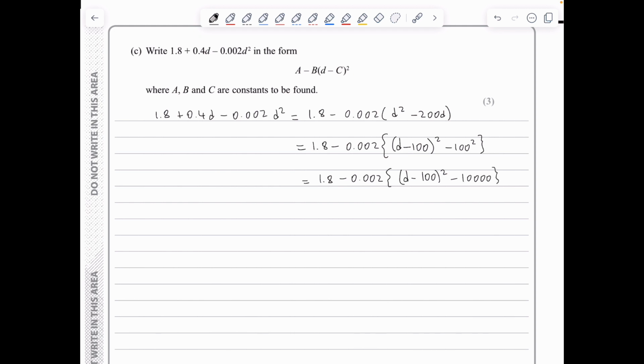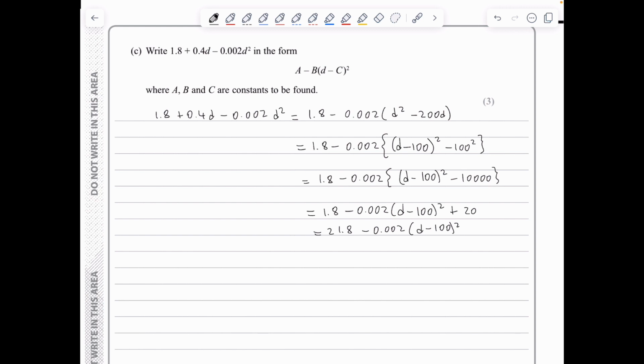I will further expand this to give me 1.8 minus 0.002 brackets d minus 100 all squared plus 20, leading to 21.8 minus 0.002 times d minus 100 squared.